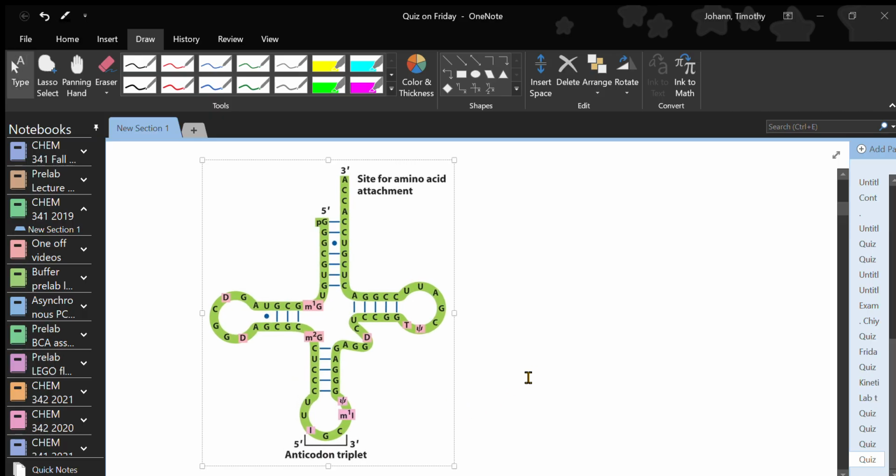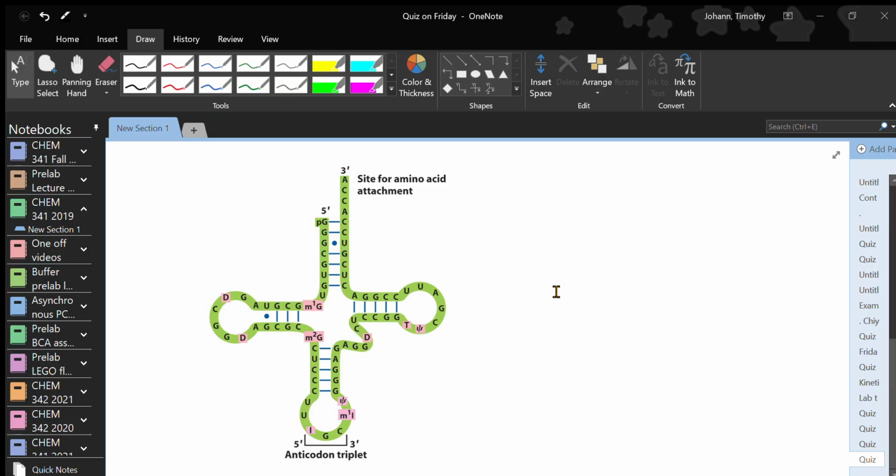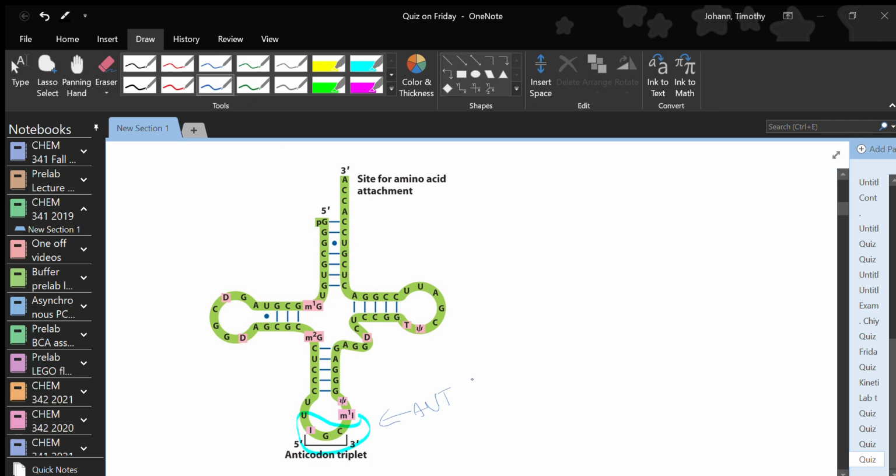So if we look at a tRNA, here is a 2-dimensional model of it. I'll show you a 3-dimensional model in a second. But what we have here is what's called an anticodon loop. And this pairs with the codons on the mRNA sequence.